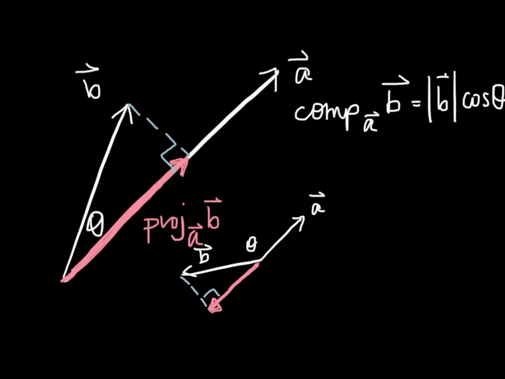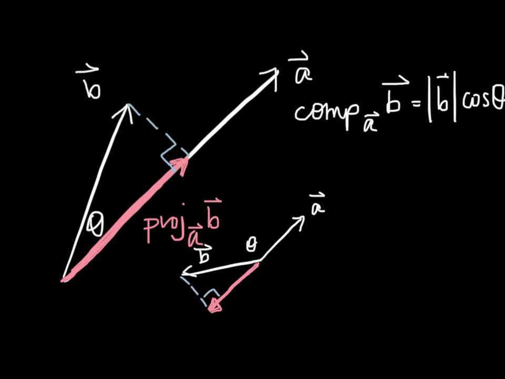It's the component of B that is pointing in the direction of A, but note that the size of the angle theta is now going to give us a negative value for cosine theta. So what does this mean? The scalar component is going to be the signed magnitude of the length.